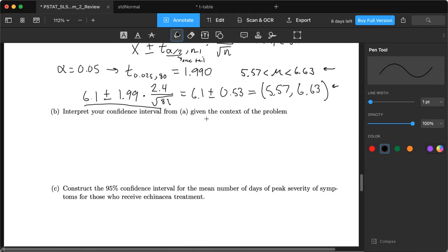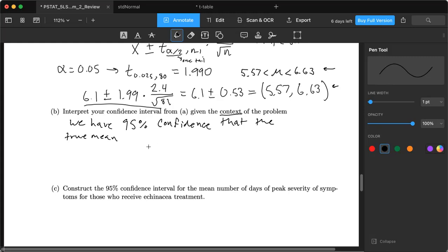And B, interpreting your confidence interval given the context of the problem. So for the confidence interval of 5.57 to 6.63, essentially we say that we have 95% confidence that the true mean, and then true mean of what?